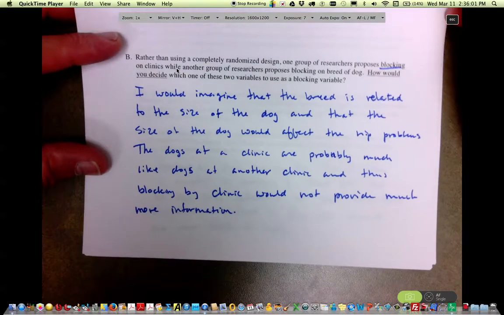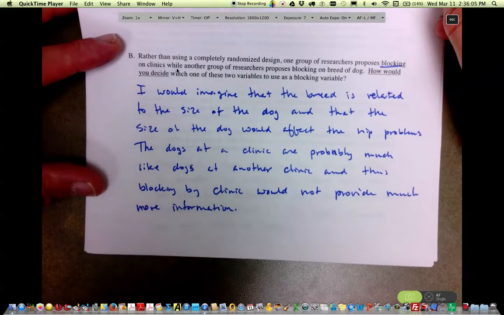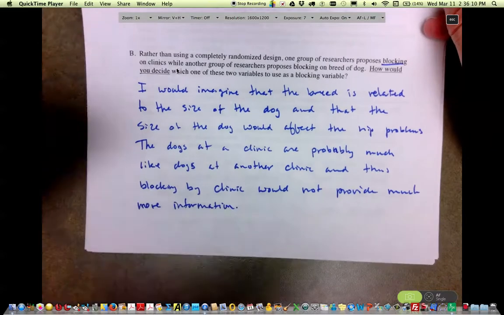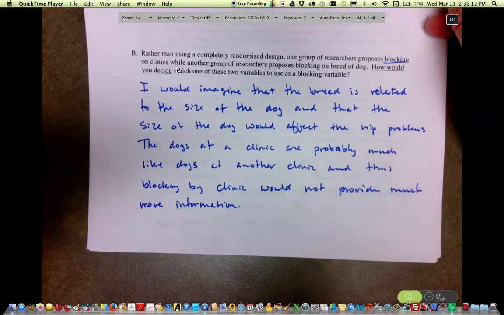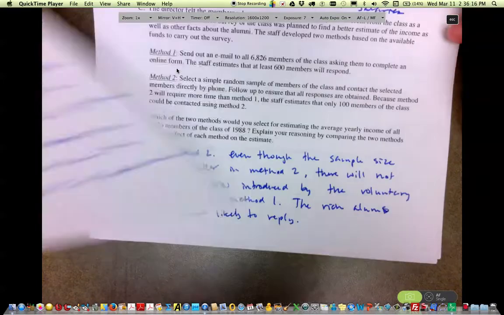So I don't think that we would end up getting any more information if we blocked by clinic and did this experiment over and over in each of the clinics. I think it's more important that we split these up by the size of the dog and then do the experiment within the size of the dog. Okay?